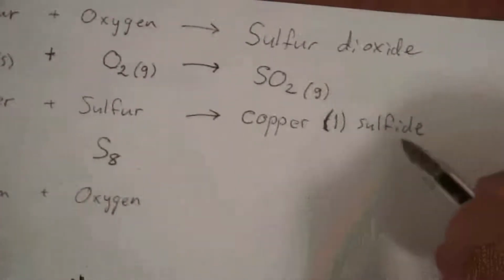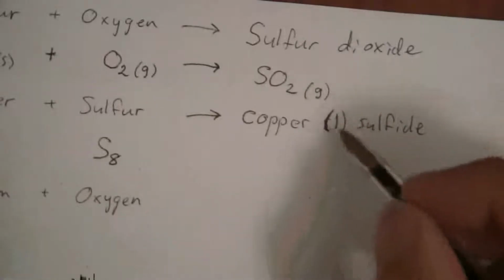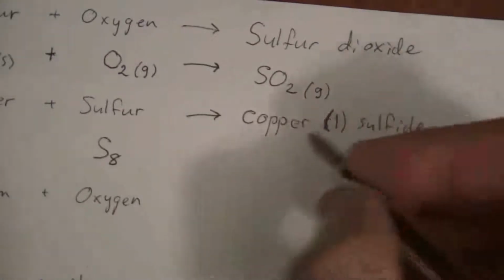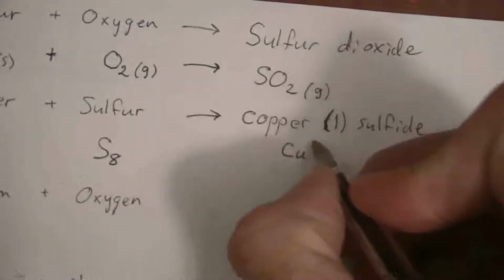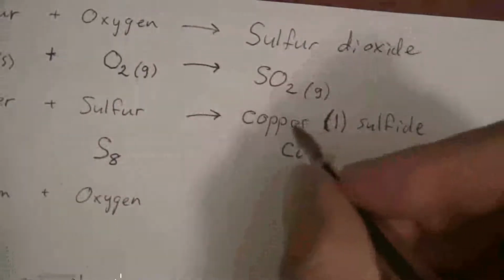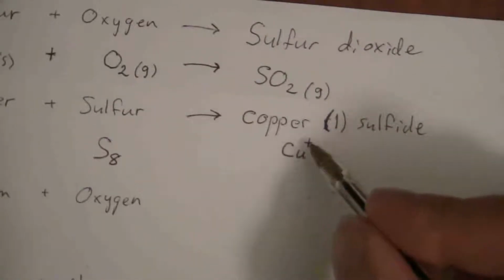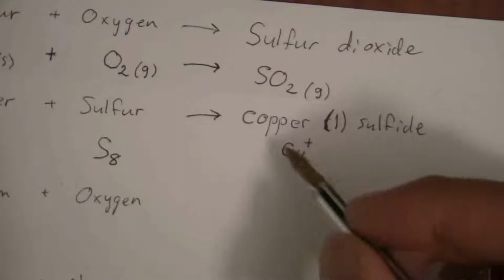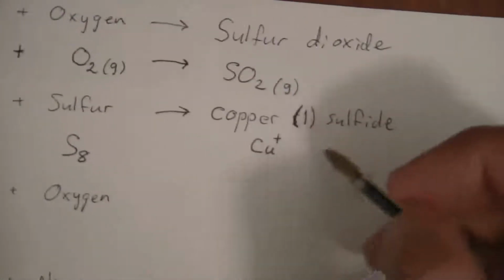And then copper 1 sulfide. What this means is the copper has a +1 charge, so we have to write a formula for this. First, let's identify the cation and the anion. The cation is copper with a +1 charge. The metals are always positive, and the Roman numeral indicates the charge.